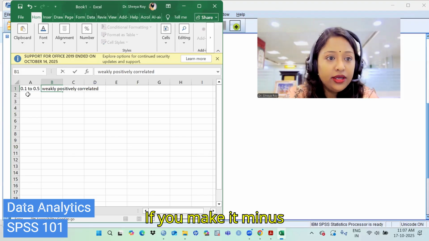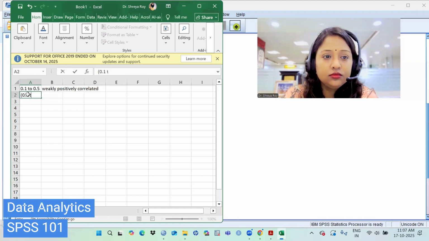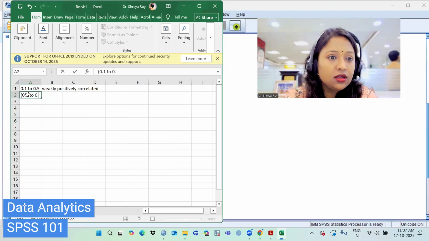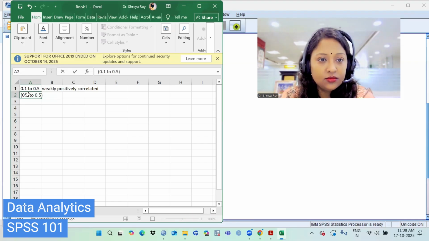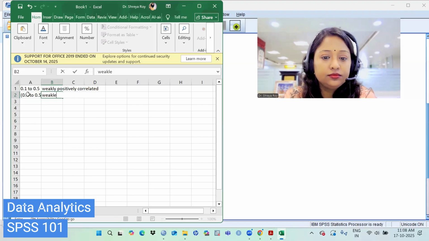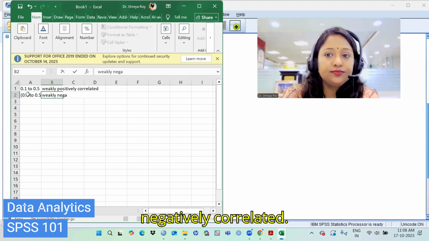If it is minus 0.1 to minus 0.5, we say weakly negatively correlated.